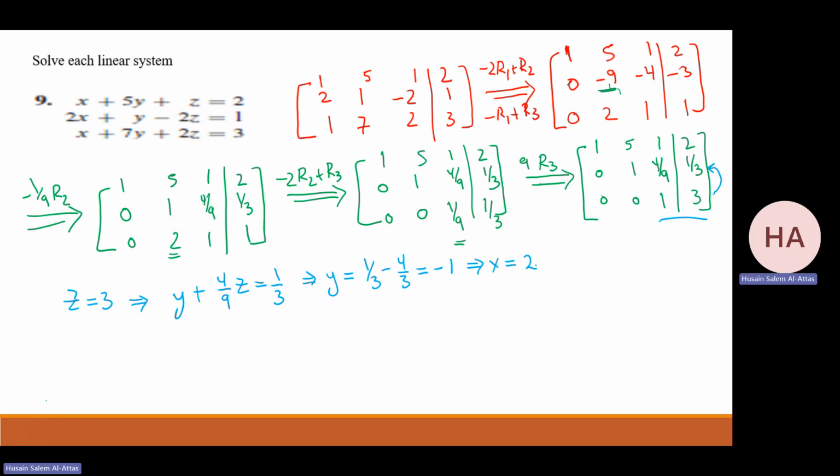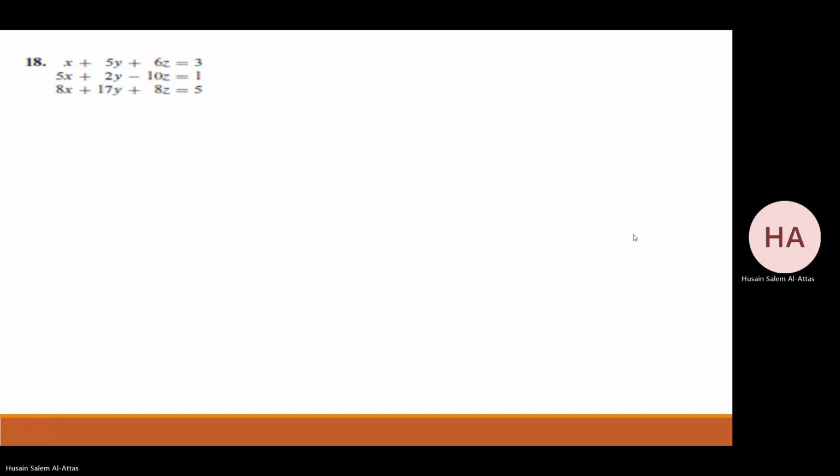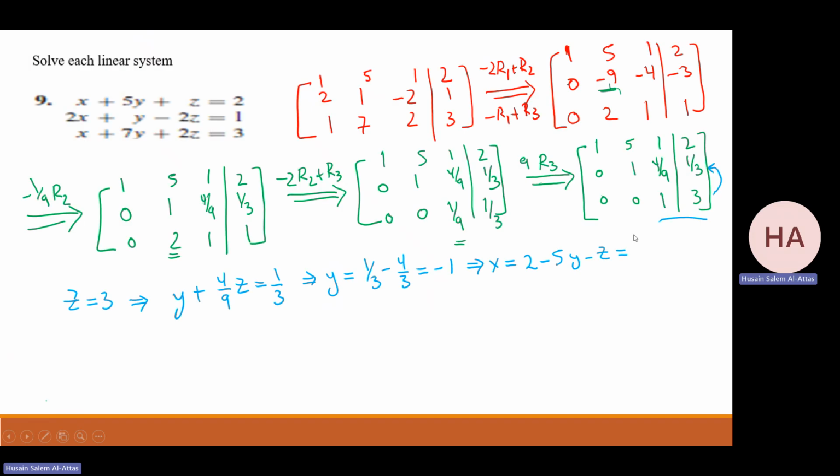So x will be 2. Let me do it quickly. 2 minus 5y minus z. And that will be what? 2 minus 5 times minus 1, 2 plus 5, minus 3. So that will be 4.